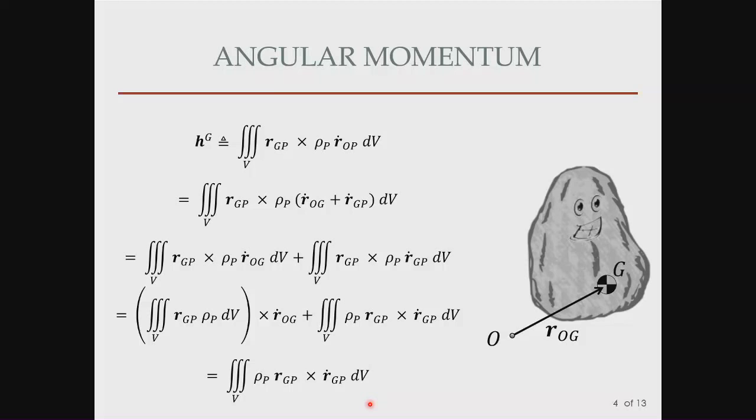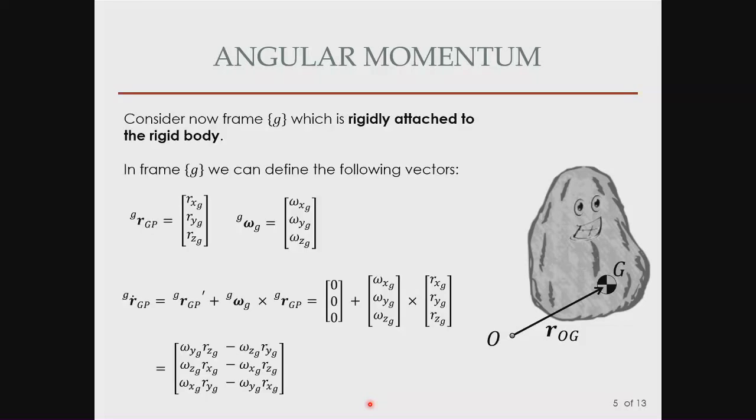All right, so RGP dot in frame G, I'm also going to get it using RGP prime plus omega G cross RGP. So I just need to give you the components, how I define them, and then we will substitute everything back into where we stopped.